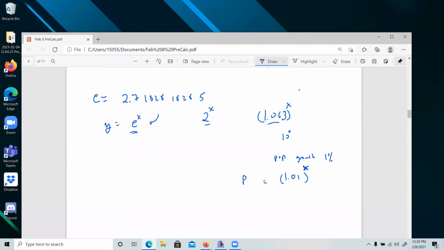They don't usually expect you to memorize these things. They'll usually give you the population growth according to this model, and then go for it. But population growth of 1%, that's where they got this.